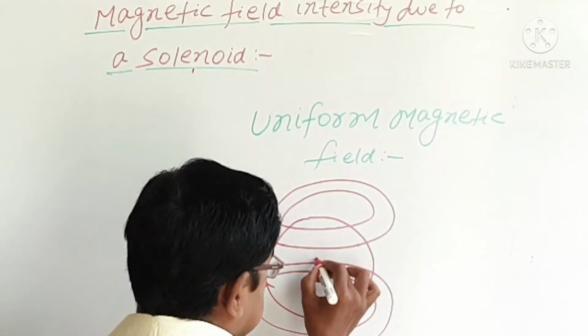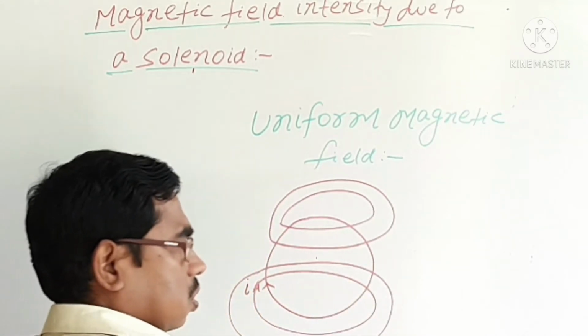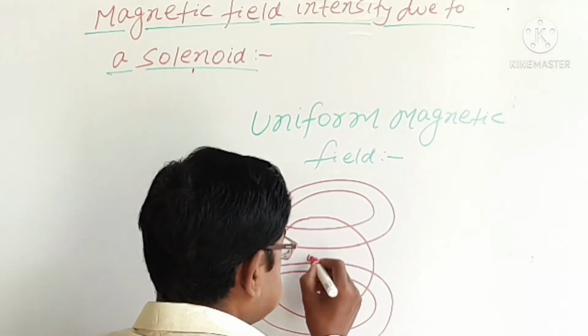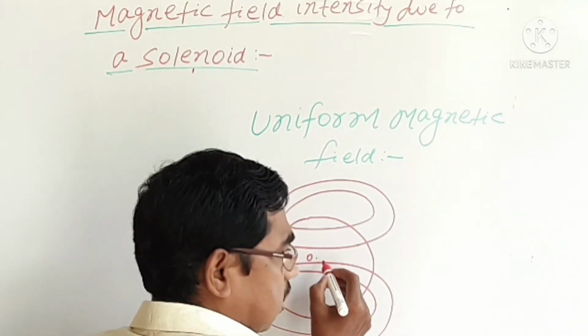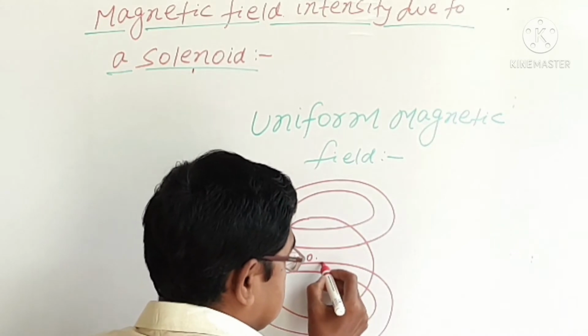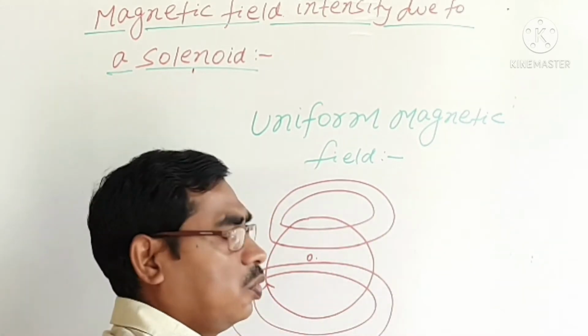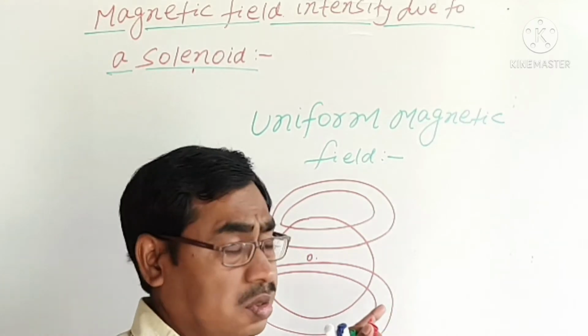What we observe here is that near the center, this is O, part of the magnetic field lines follow a straight line, and thereafter they move around.